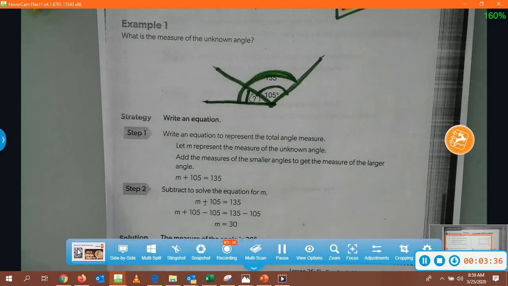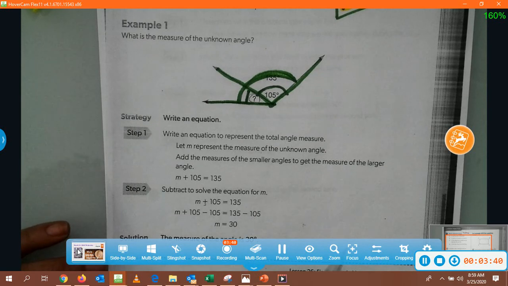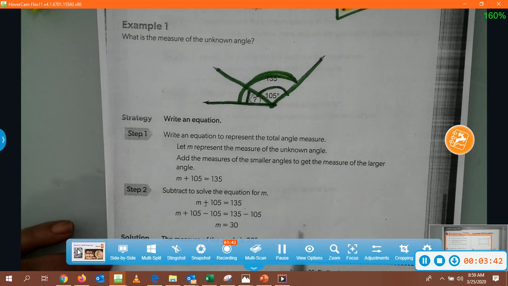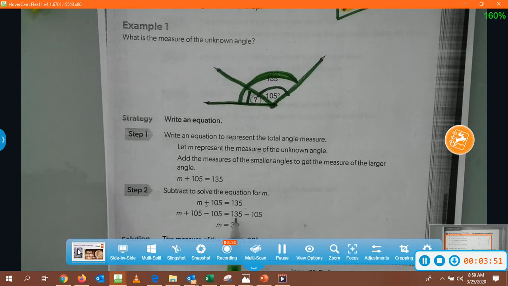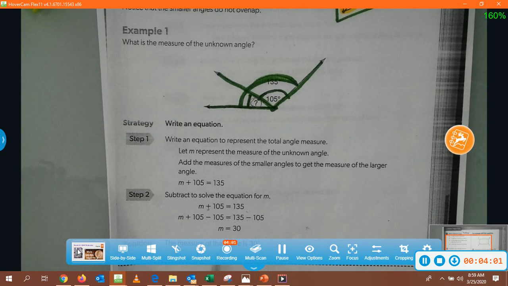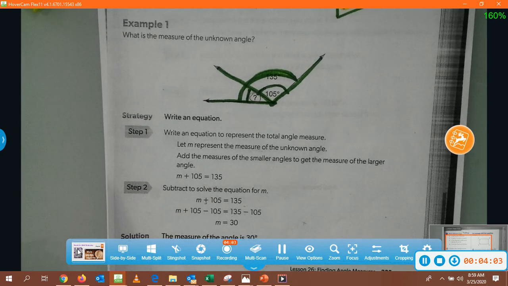So you're going to subtract, not just from this side, but from the other side of the equal sign as well. So it'll be M plus 105 minus 105 equals 135 minus 105. When you do all the math, M equals 30. So the solution is, the measure of the angle is 30.